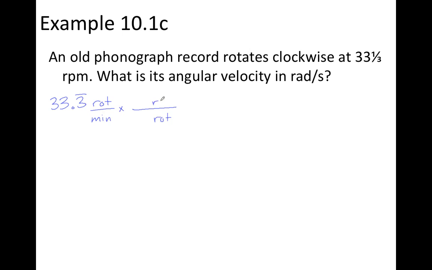I want units of radians, and there are 2 pi radians for every 1 rotation. I can cancel units of rotations. I don't want minutes in the denominator, so I'll multiply by minutes over seconds, and for every 1 minute, there are 60 seconds. Minutes cancels with minutes. I'm left with radians over seconds, and this works out to be 3.49 radians per second.